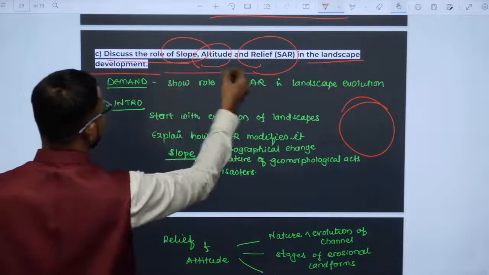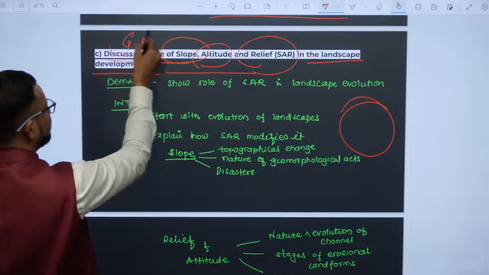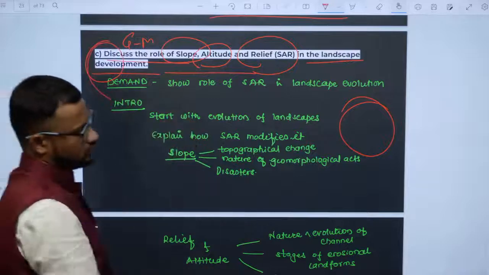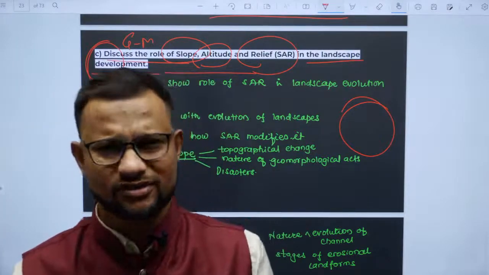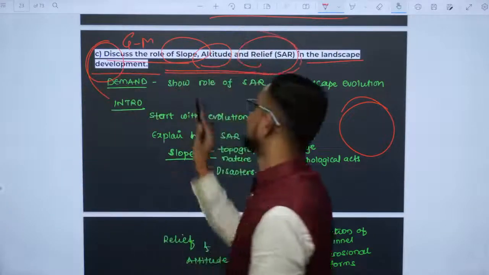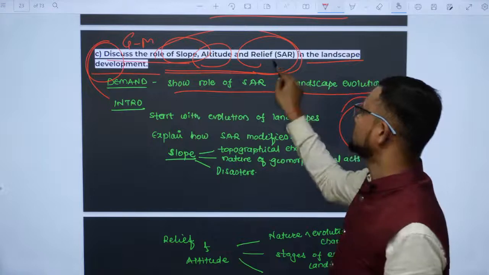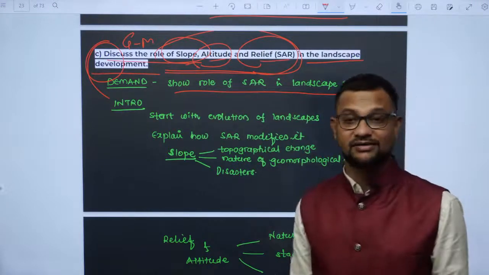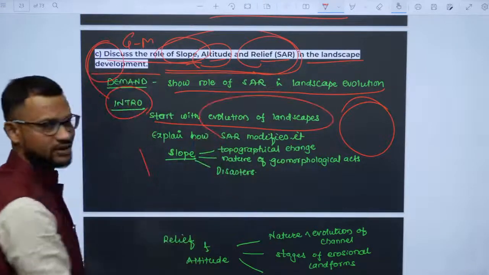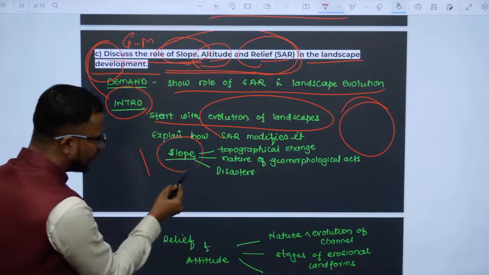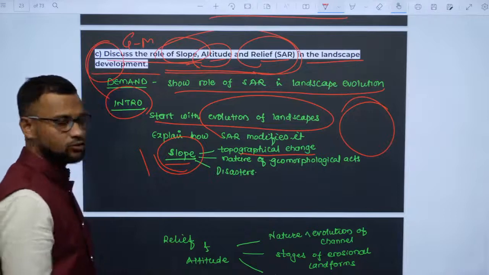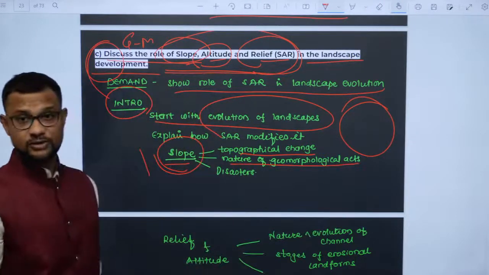Now this question is of geomorphology, a slope development topic. If I were there, I would not have attempted this question, just because it is somehow easy, no doubt, but the thing is you need some additional knowledge about it. But okay, show the role of slope, altitude and relief in landscape development. So start the introduction with the evolution of landscape, then explain how slope modifies. So slope leads to topographical changes. You will find the erosional and depositional processes that are led by it.